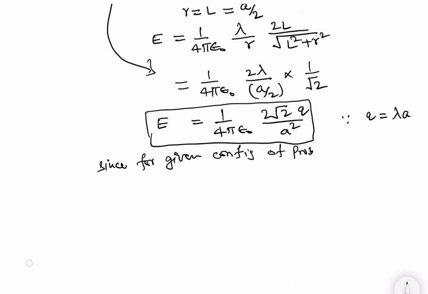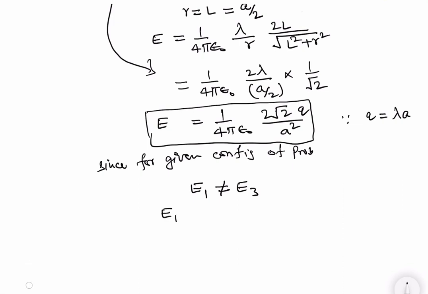the intensity at P due to rods AB and CD will cancel each other, that is, E1 cancels E3. The resultant intensity will be equal to that of rod BC only.